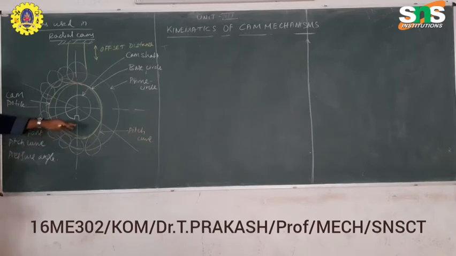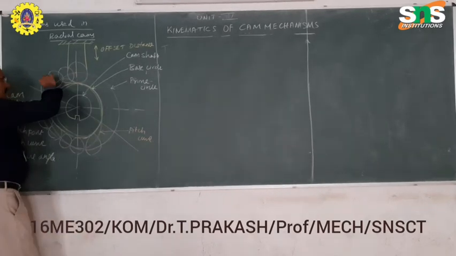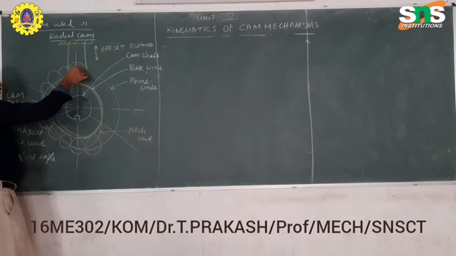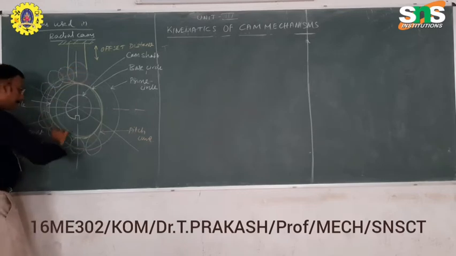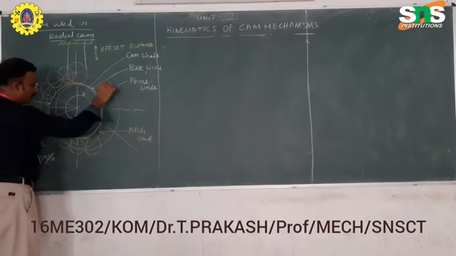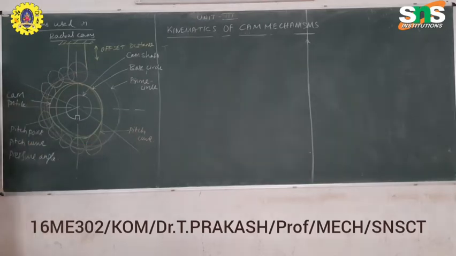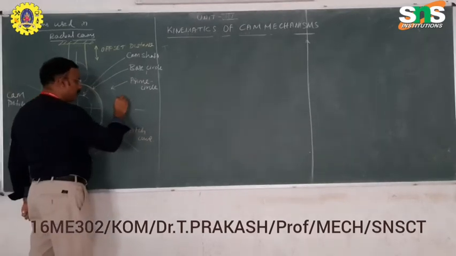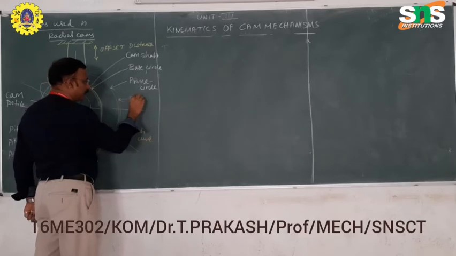And the circle drawn to the pitch points is called a pitch circle. There is also a pitch circle there. The circle drawn to all the pitch points is also called a pitch circle. Somewhat confusing, so please remember all these points.